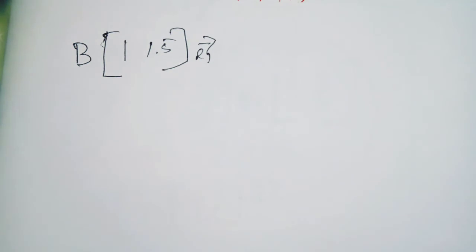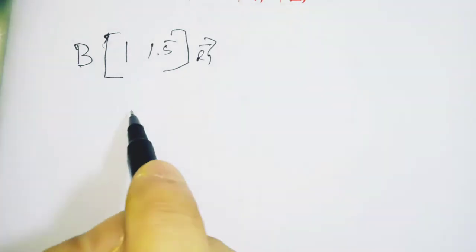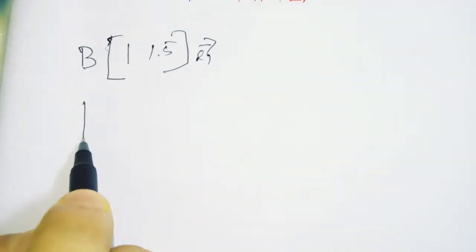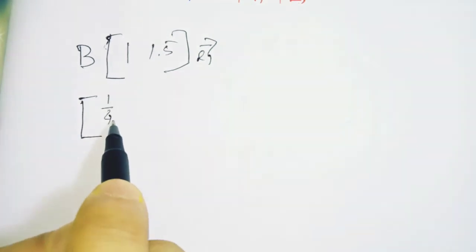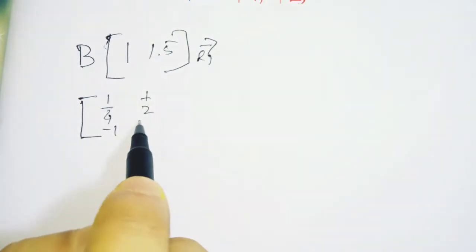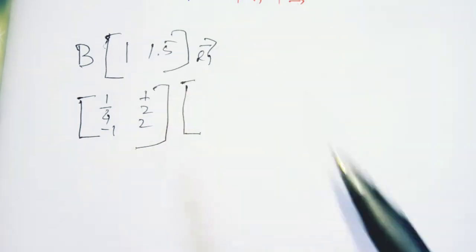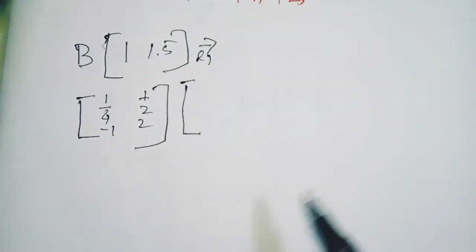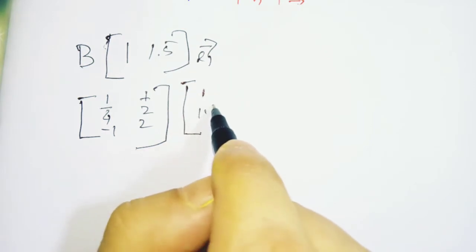And this is E1. Now I will apply the backward transformation with the values of the backward. For backward, we have got 1/4, minus 1, and 1/2, 2, right? And I will apply it to the old one, 1, 1.5.